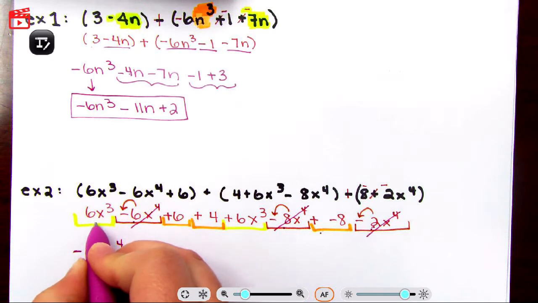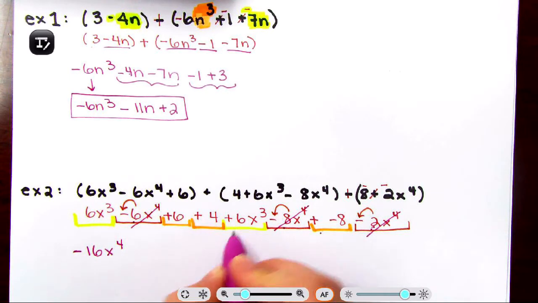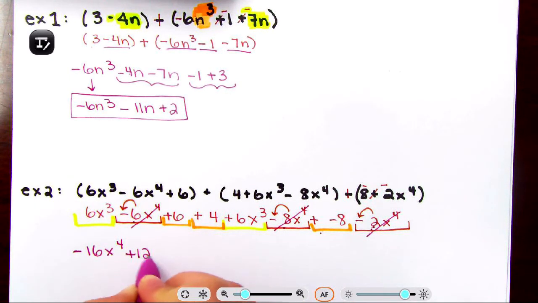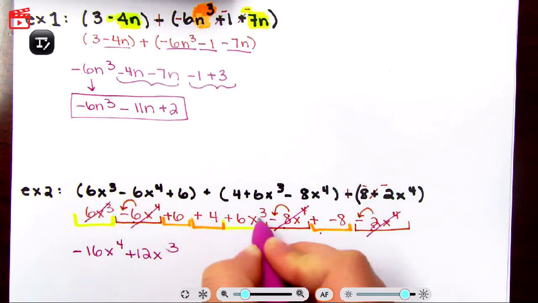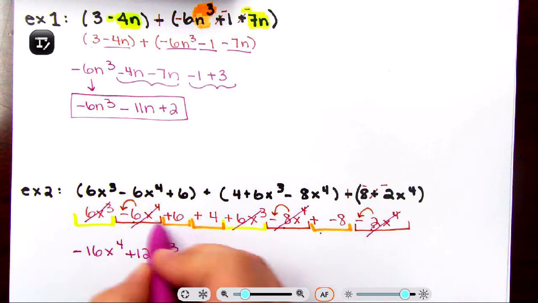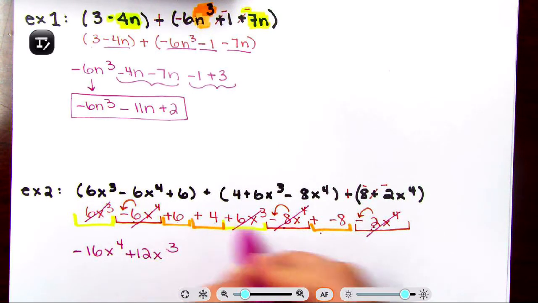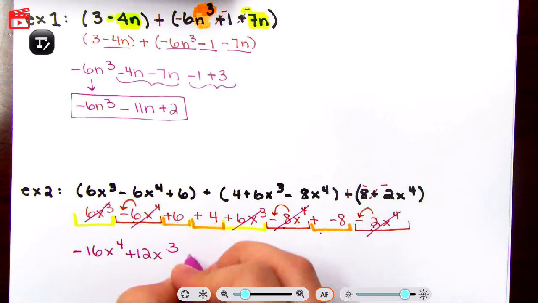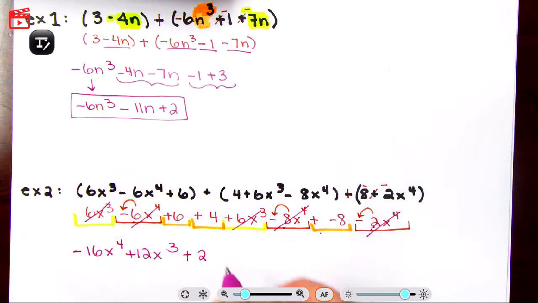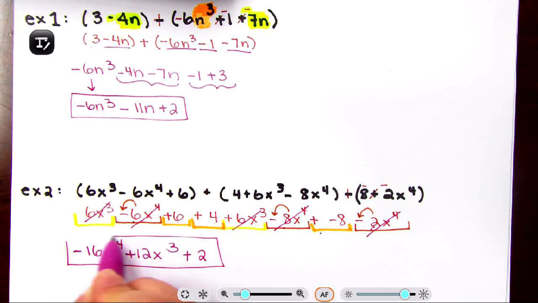Then we have 6, 6. So that means I have positive 12x cubed. Those are gone. And then I have 6 plus 4, which is 10. Take away 8, which is 2. So I have negative 16x to the 4th plus 12x cubed plus 2. And we have combined like terms.